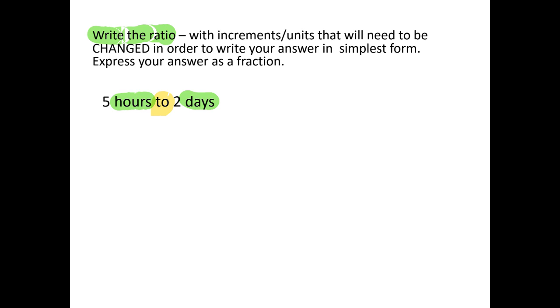So therefore, the day is bigger, which means this 2 right here is going to have to multiply by 24, which means I now have 5 hours to 2 times 24, which is 48 hours. You have to recognize the conversion.